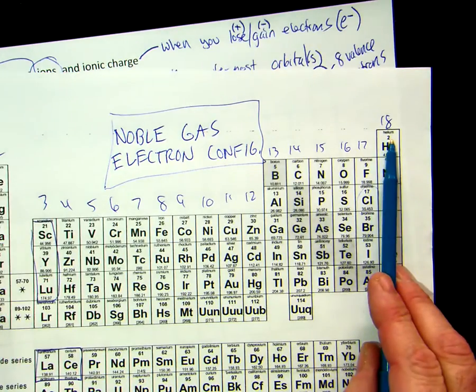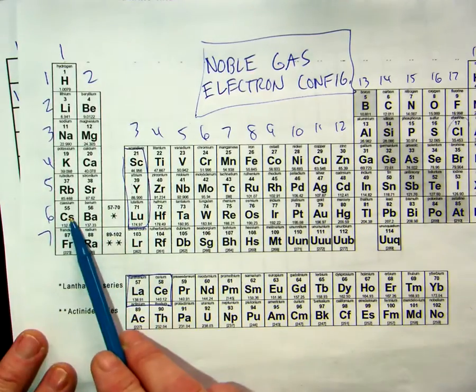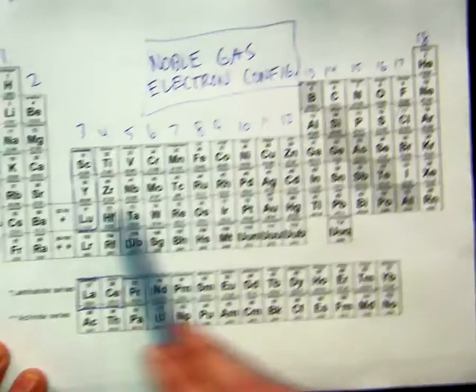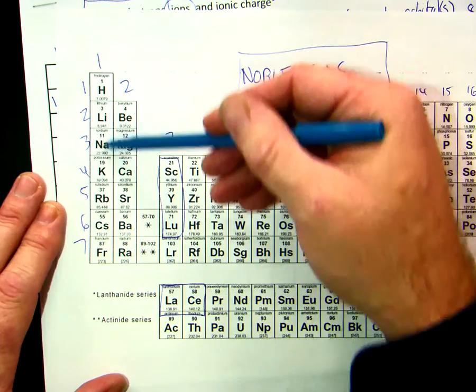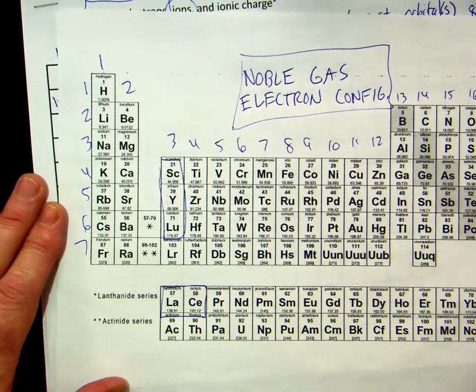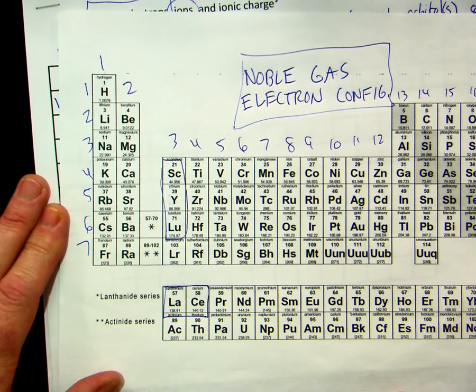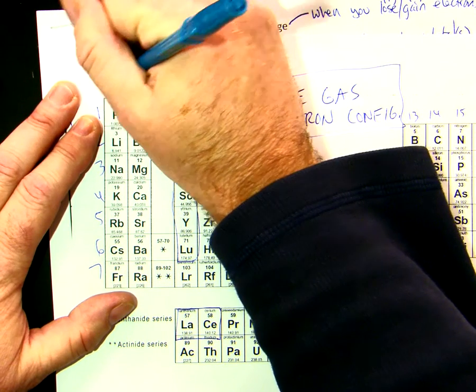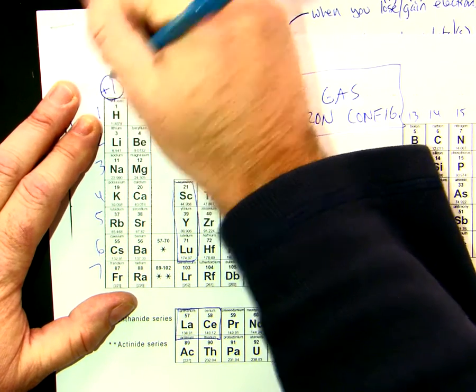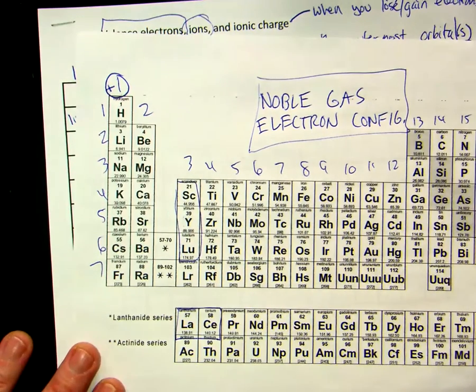It would rather be like helium with 2, so it loses 1. Cesium, 55 electrons. It would rather have 54, so it loses 1. So in other words, this whole column, every element is going to lose an electron to form an ion to get that stable electron configuration. And in the process, these will form +1 ions.